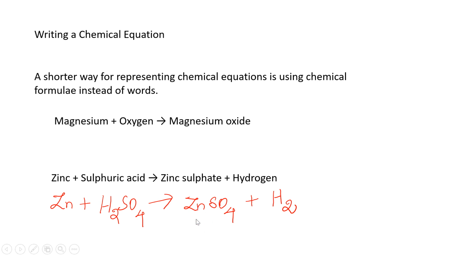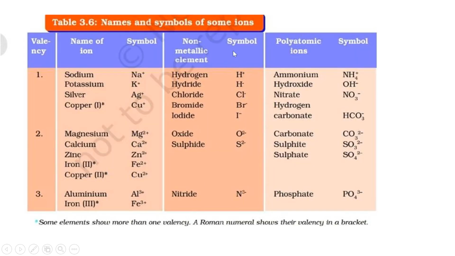Now, how do you write the formula? For writing the formula, you need this tabular column. Each ion has a representation. These are the names and symbols of some ions which will be helpful to write the chemical formula.